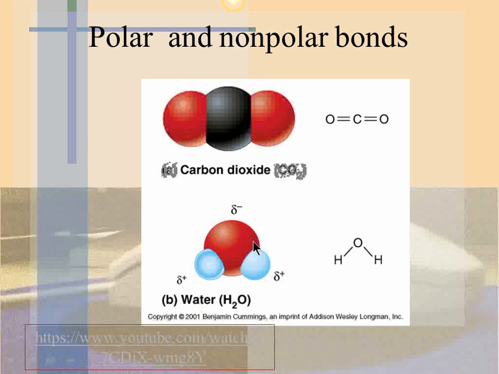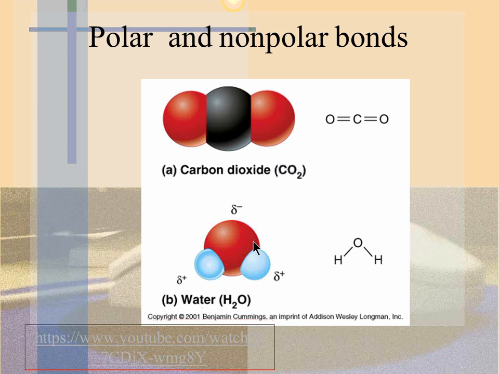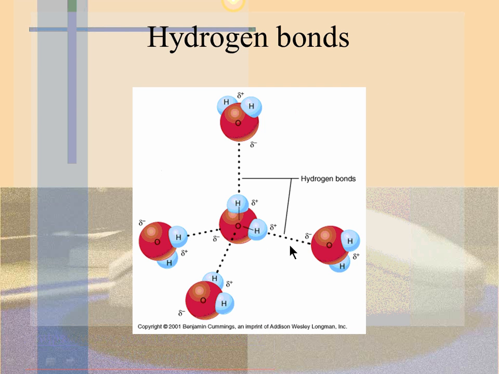So he just showed you polar bonds and was saying the same thing, how one end of the molecule is more positively charged and the other end is negatively charged. As a result, we also get the formation of weak bonds, which are known as hydrogen bonds. Water molecules are the best example of this, where you see the hydrogen, which is positively charged over here.